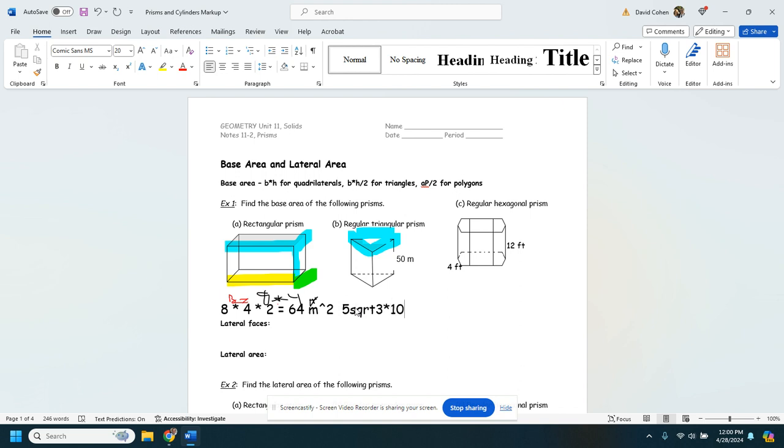Height, or median, is 5 square root 3, and all of that's going to be divided by 2.